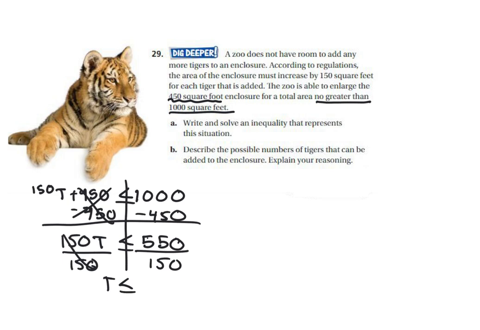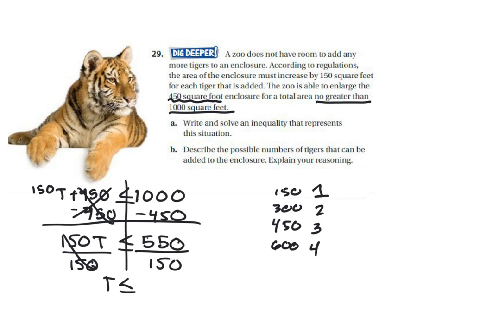And now let's skip count by 150. 150, 300, 450, 600. So this is if you add 1 extra tiger, 2 extra tigers, 3 extra tigers, 4 extra tigers. Our number is going to be right in the middle somewhere, right?